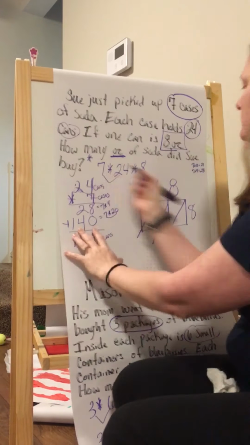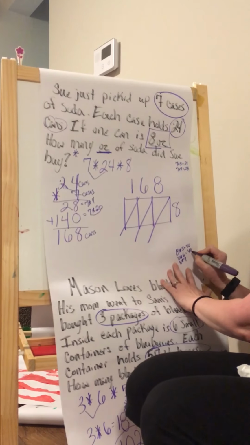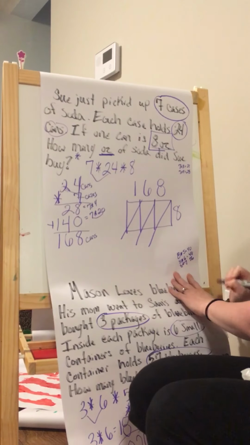So I know 8 times 5, 40. 8 times 6 is 8 more, 48. 8 times 7, hopefully I can look back earlier in my paper and figure out that it's 56.